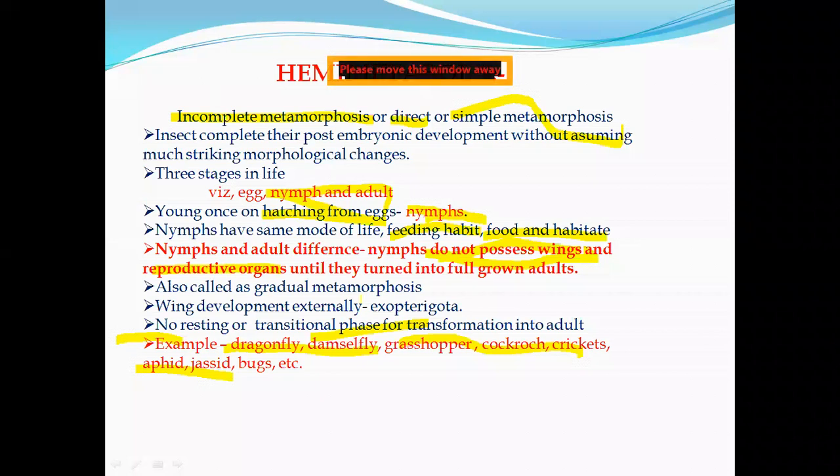Until they become fully adult, these are some points where there is some lacuna in the nymph, but overall the whole body looks the same as the adult. Even external appearance is the same as the adult.